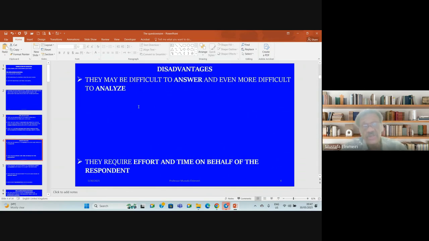The disadvantage is that such questions may be difficult to answer and even more difficult to analyze. Usually, we face problems in the analysis of open-ended questions. They require effort and time on behalf of the respondent, who reads the question, writes the answers, and so on.